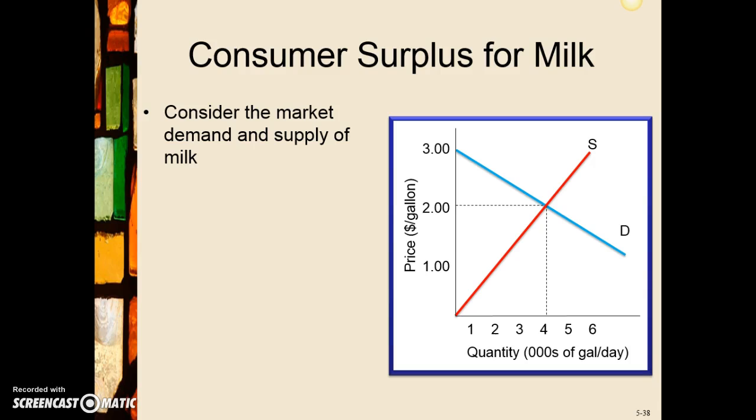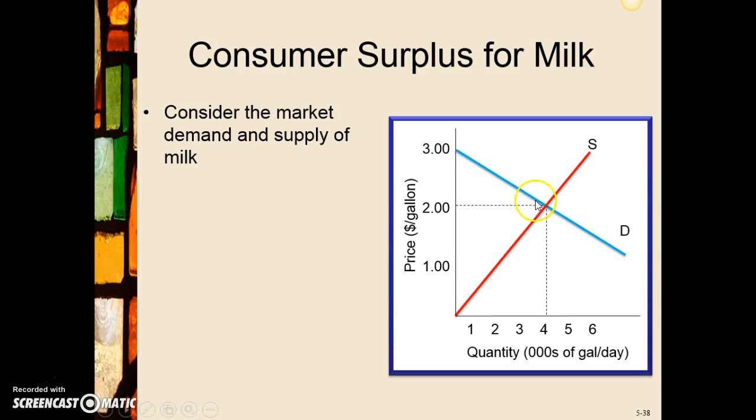Now, if I gave you an example like this on your homework or on the midterm, the consumer surplus is this entire triangle here, the area below the demand curve but above the price. Because now this is the example where we've got many, many buyers in the market and they're all separated by some indistinguishable amount.